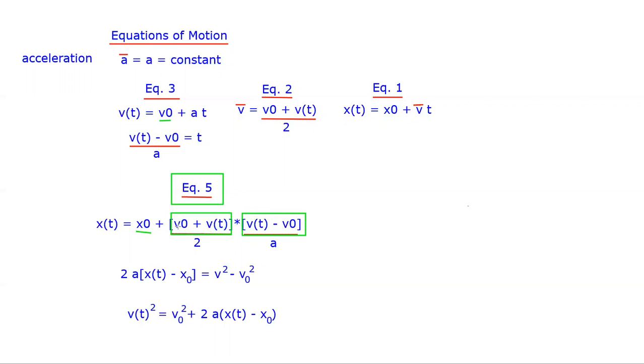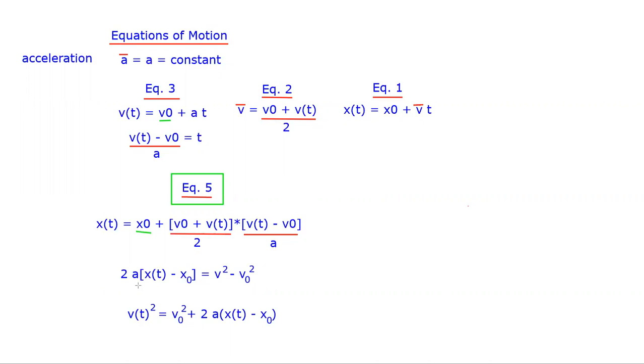Negative v naught times positive v naught is going to be a negative v naught squared, and that's what we have there. v as a function of t times v as a function of t is going to be v squared. Then this v naught times v here is positive, and this v times v naught is negative, so those cancel each other out. And if you want to, you can work that out. That's a basic algebra distributive property.